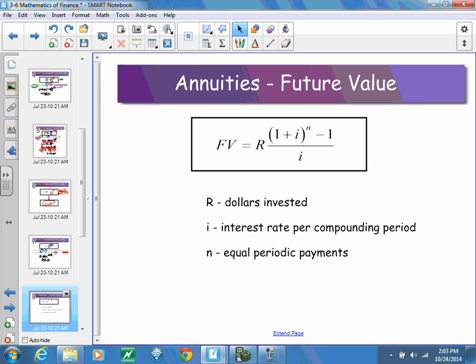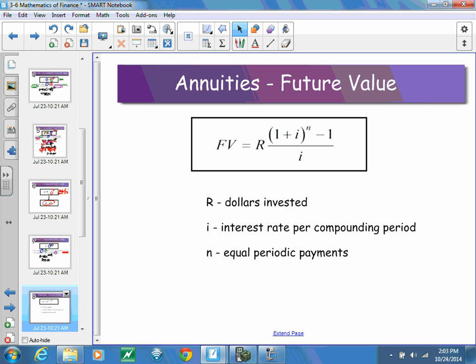In this formula, we have a couple different variables. First of all, R, which is the dollars invested, how much money is going in. Then I, this is not the imaginary unit i. This is representing the interest rate per compounding period.